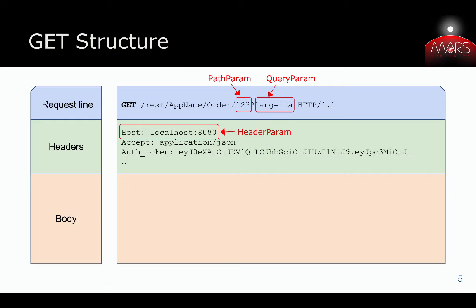Also, each HTTP request comes with some headers that you may want to read in your application code because they can contain some useful information. The header param is the name of the abstraction that the Mars Curiosity library provides you to have access to these values.